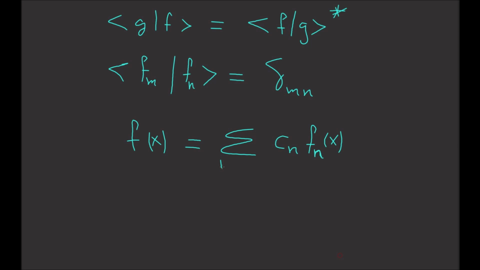Of course, n goes from 1 to infinity. Alright, so now since we have these rules, we can do some physics. Oh, I also forgot to mention that this c sub n, the coefficients, are the inner product of f sub n and f.